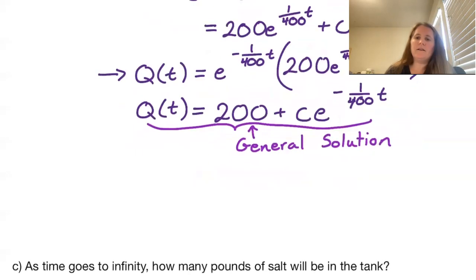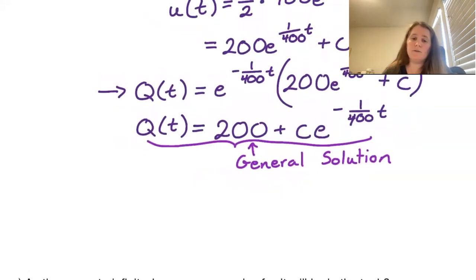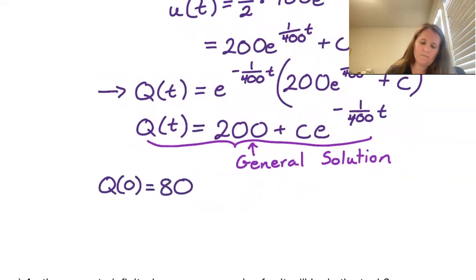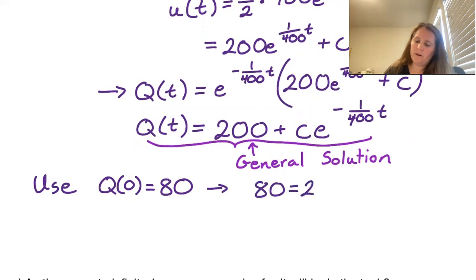So now we'll go ahead and use the fact that Q of 0 equals 80. And we get 80 as equal to 200 plus c times e to the 0th.